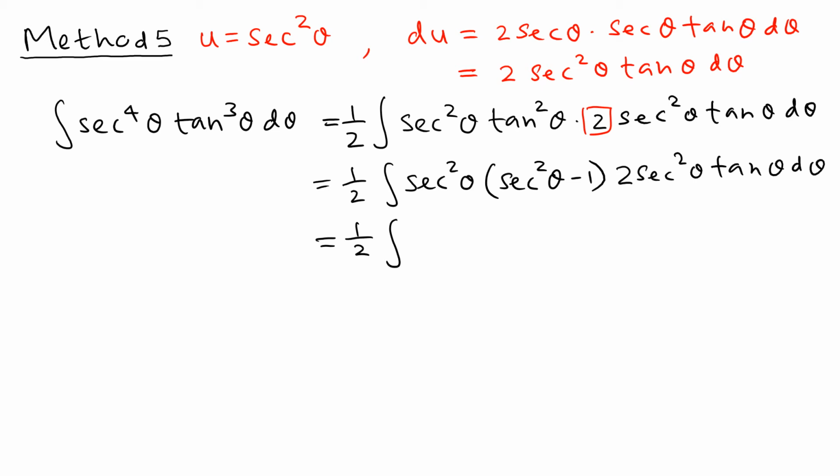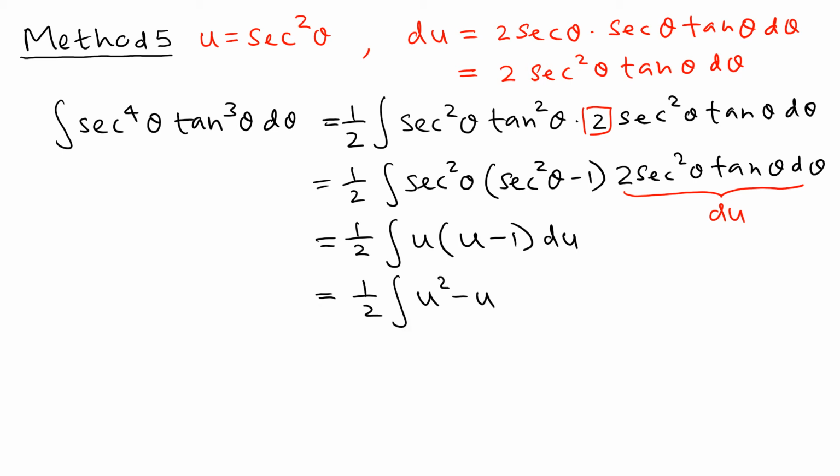So what happened now, you can substitute for this one. Secant squared means u, so it's a u, and then it's going to be u minus 1, and then you can see 2 secant squared theta d theta is simply du. This is a very simple integral. We distribute first as before, so u squared minus u du.